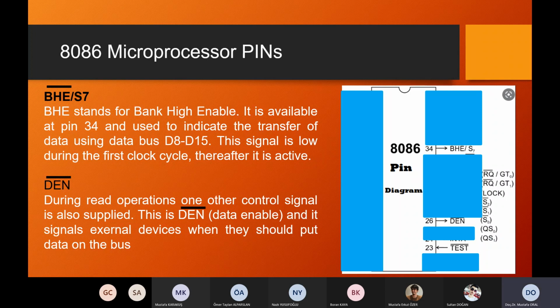The data bus, as you know, is 16 bits long, and it has a low byte and a high byte. From AD0 till AD7 is the low bank, the lower half of the data bus, and from AD8 till AD15 is the higher bank of the data bus.